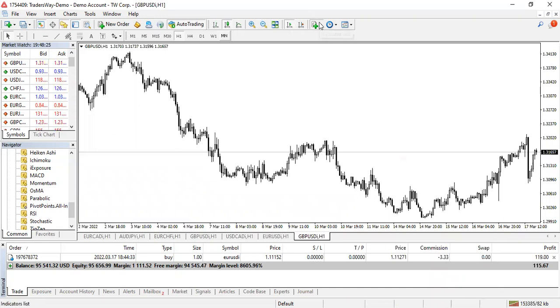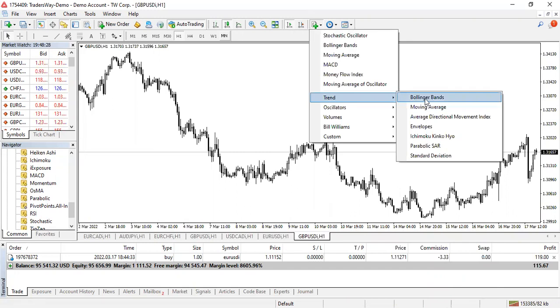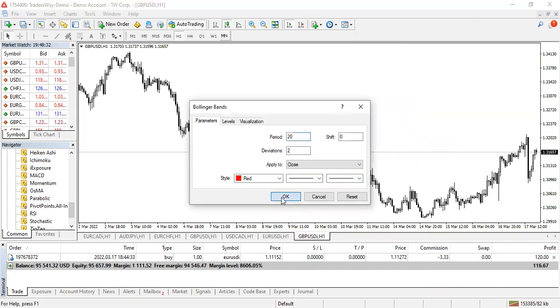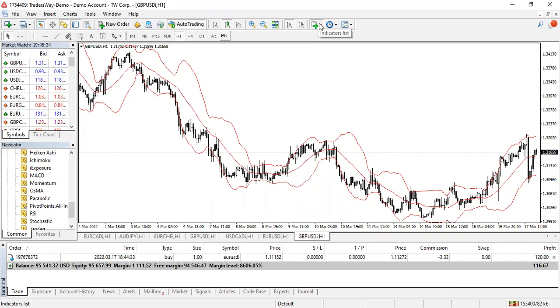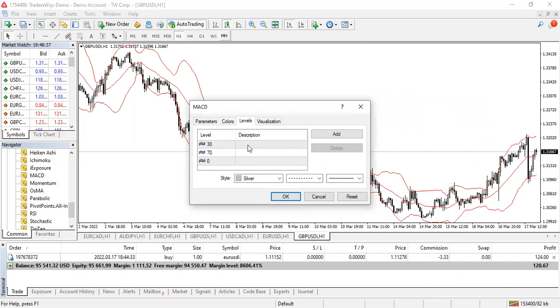Okay, let me add it here. Trend, Bollinger Band. Oscillators, MACD. And this one 70, and this one 30.